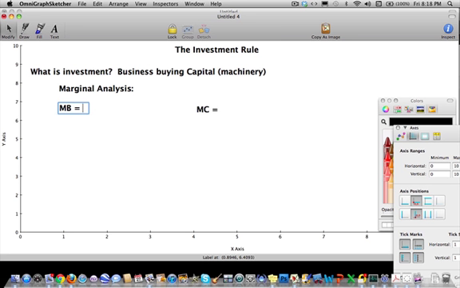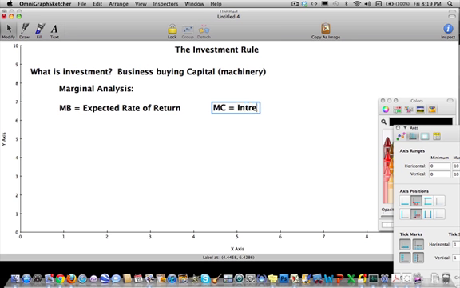That will be considered your expected rate of return. But if you buy the machine with a whole bunch of money, what you forgo is the interest rate that you could collect from putting that money in the bank. And that is your marginal cost, your opportunity cost, the cost that you incur for buying that machine, because you could have put that money in the bank.